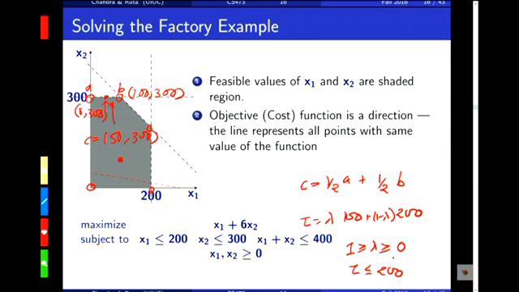For the lower bound, when we set lambda to 1, what will we get? Sorry, it's 100.